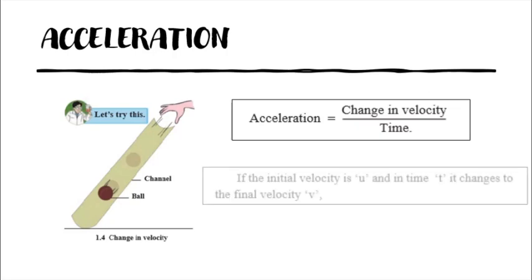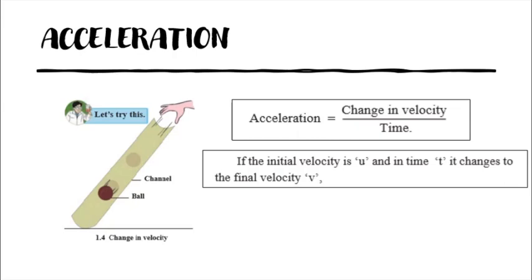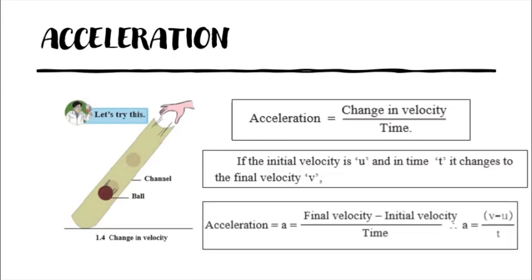Now, if we consider the initial velocity as u, the starting velocity when you are starting to slide down, and finally the velocity as v, and time is noted by t, then the formula for acceleration becomes: acceleration a is given by final velocity minus initial velocity, upon time.